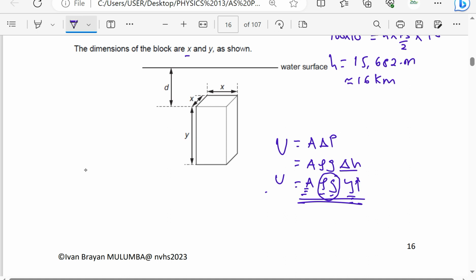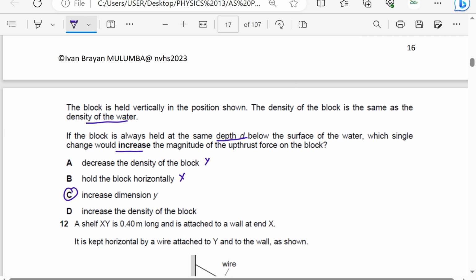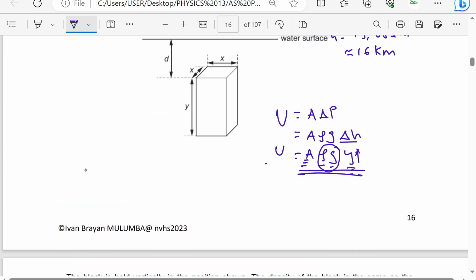Increasing the density may result in decreasing the volume, so there will be no change in upthrust. So the most appropriate is to increase dimension y, because the upthrust depends on the cross-sectional area times the height y.